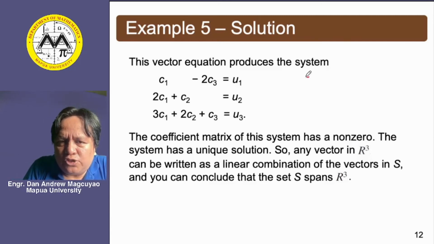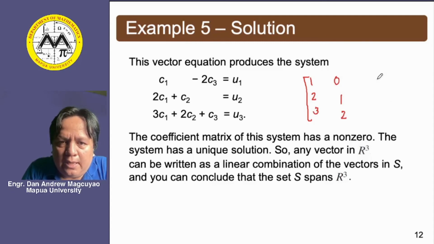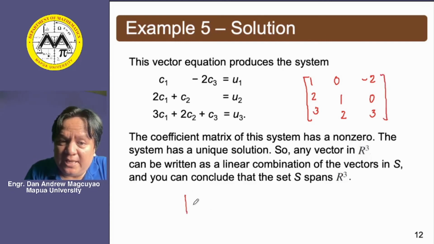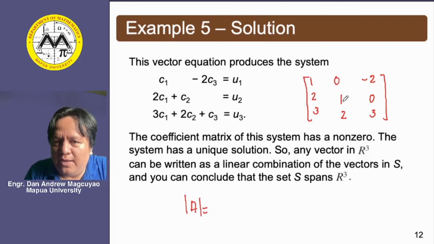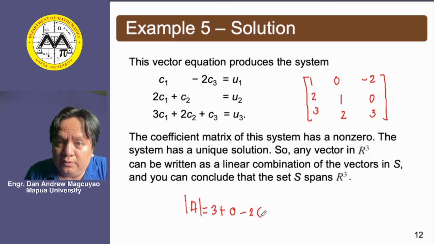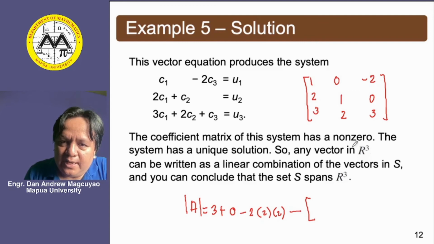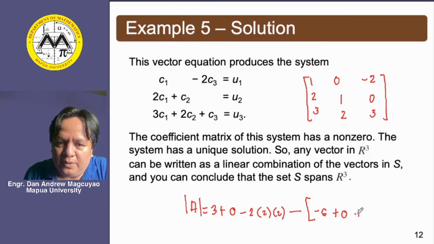So maybe you want to check the coefficient matrix. So that's 1, 2, 3, 0, 1, 2, and negative 2, 0, 3. We can get the determinant of that matrix A, the coefficient matrix. So that would be 1 times 1 times 3 plus 0 plus negative 2 times 2 times 2, minus the upward diagonal: negative 6 plus 0 plus 0.